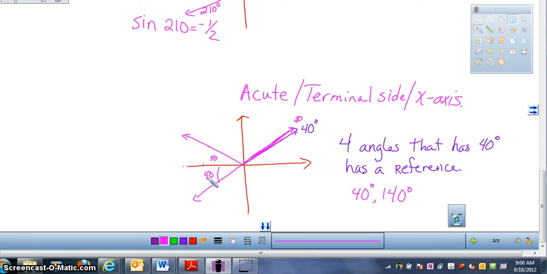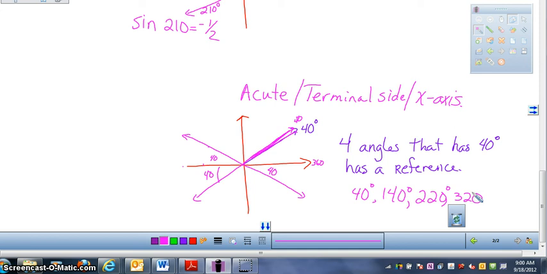So 180 plus 40 is going to give me 220. And in the fourth quadrant, here's one more. So we know this is 40. We know this is 360. So 320.